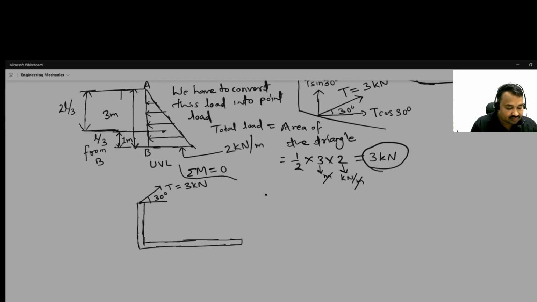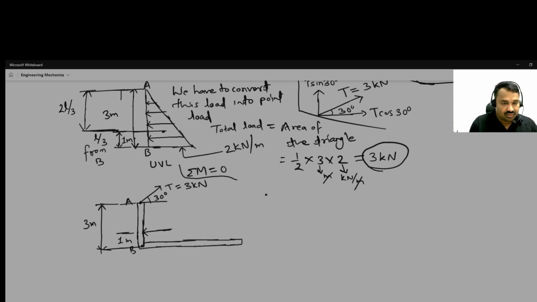Okay, and from this is the A, this is B, and from here to here it is 1 meter, and the total length is 3 meter.